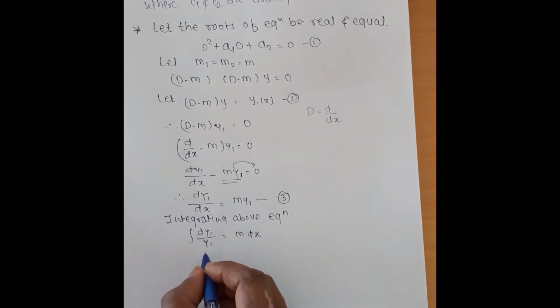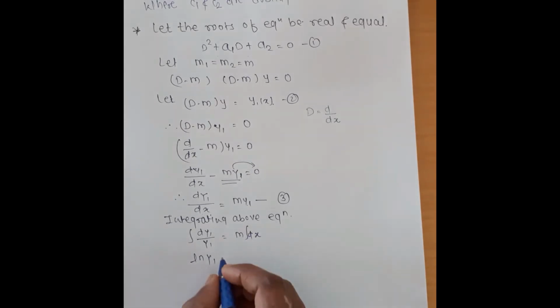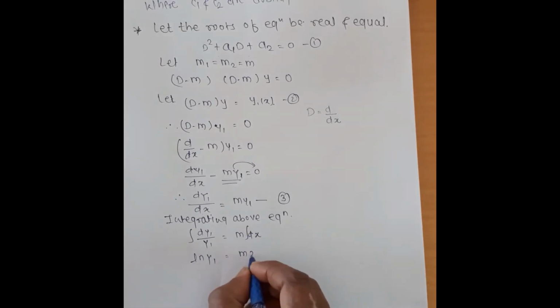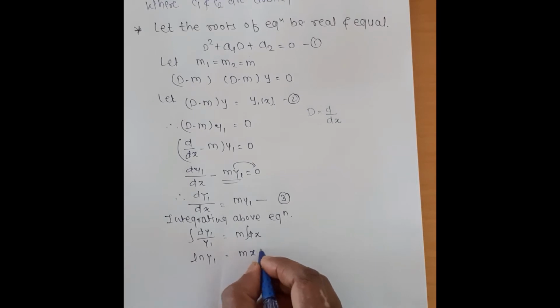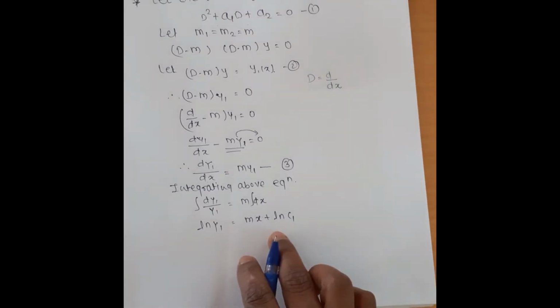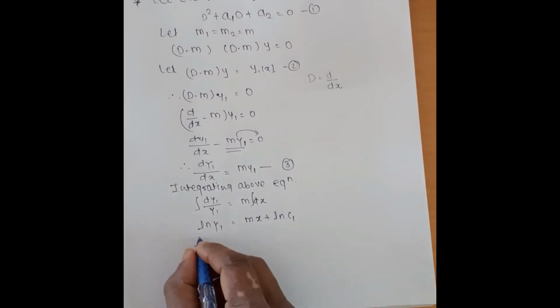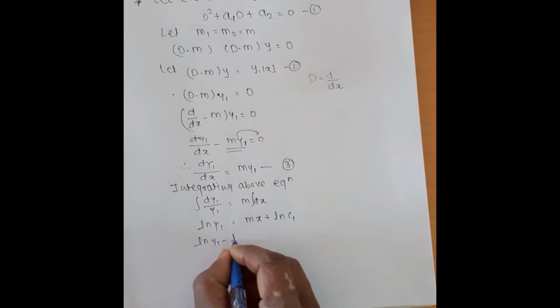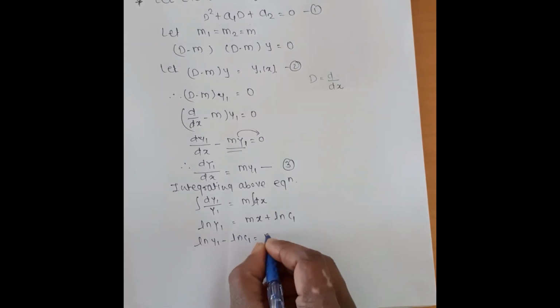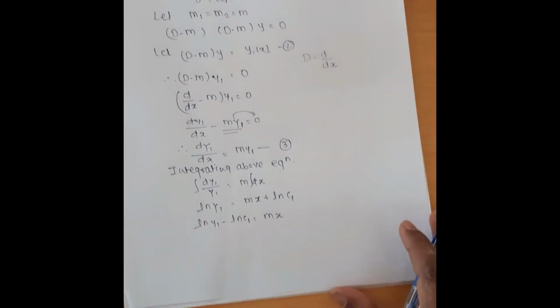So the integral of dy1 upon y1 is ln of y1, equals m x plus ln of c1, where ln of c1 is an integrating constant. The ln of c1 is added here, so it goes to the opposite side and is subtracted: ln of y1 minus ln of c1 equals m x.